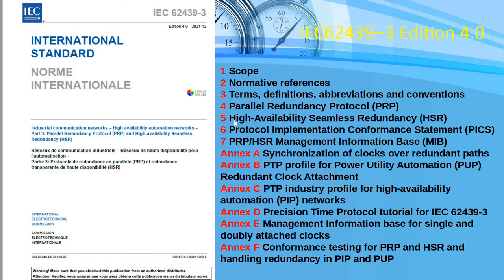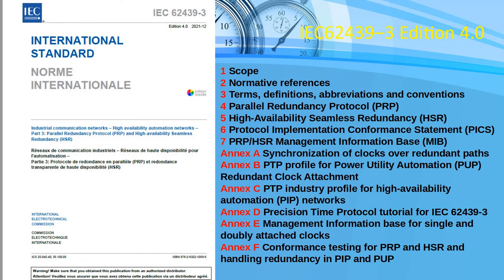Clause number 5, same as before, is about the HSR network. Clause number 6 is about the protocol implementation conformance statement. Clause number 7 is PRP HSR MIB. That's the major content, followed by the following annexes.